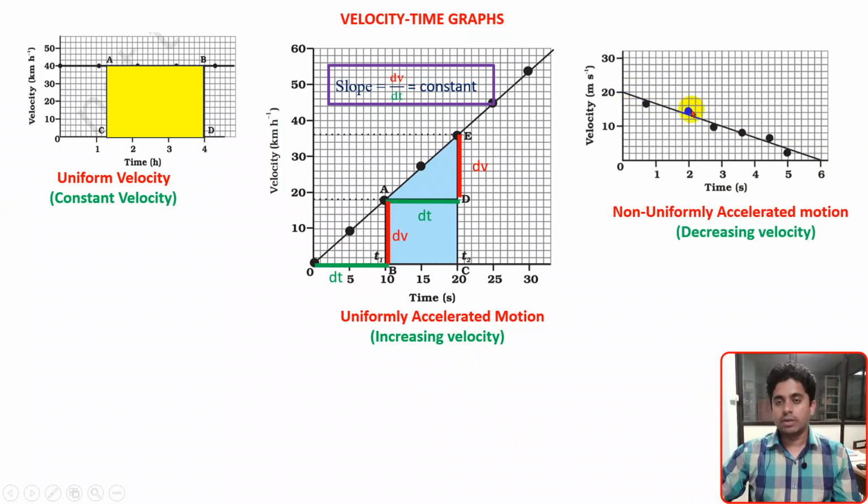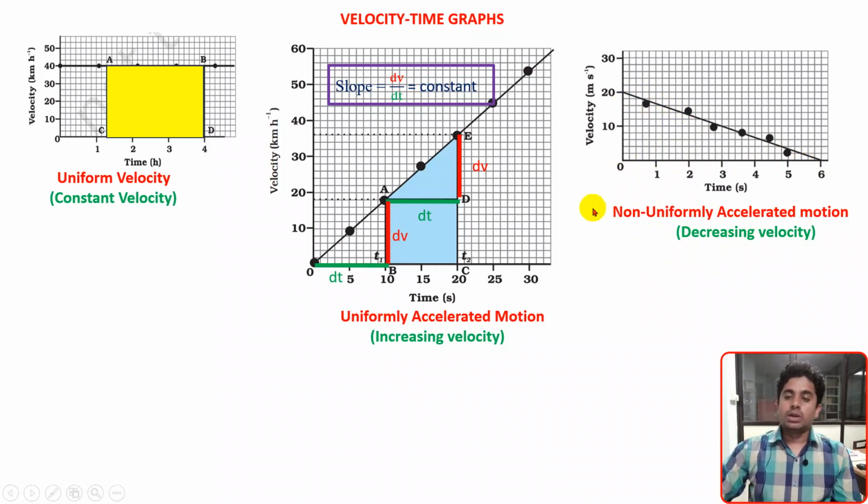As you can see, this graph is also velocity versus time, but here, as time increases, 1 second, 2 second, 3 second, the corresponding velocity drops, or velocity is decreasing as time progresses.